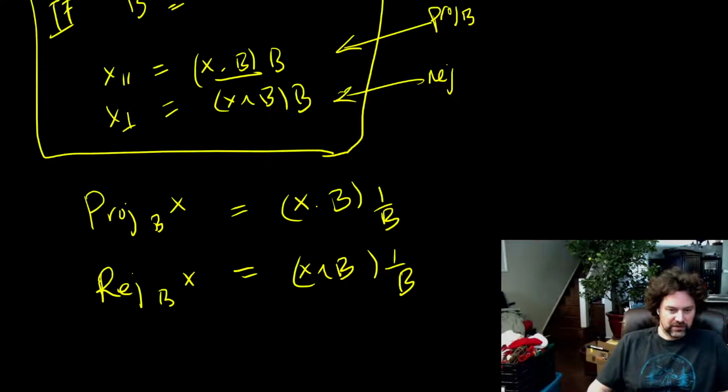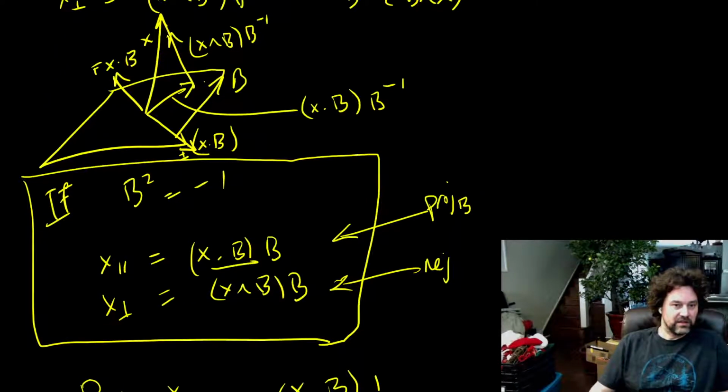We've shown that x is perpendicular to x dot b, and we've shown that x dot b is perpendicular to the projection of x onto b, and we have found algebraic expressions for the projection and the rejection.